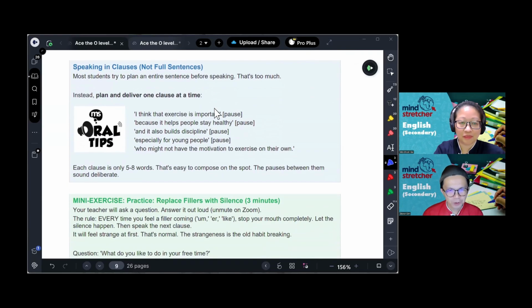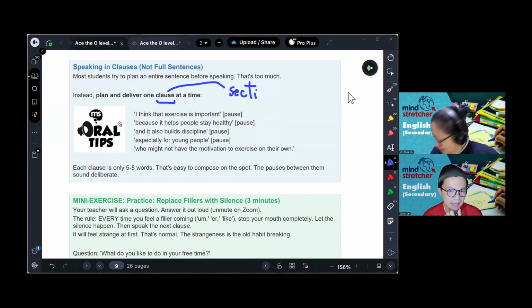So don't think that you have to come up with the perfect sentence. What you do is that you just pick one clause at a time, one section at a time.